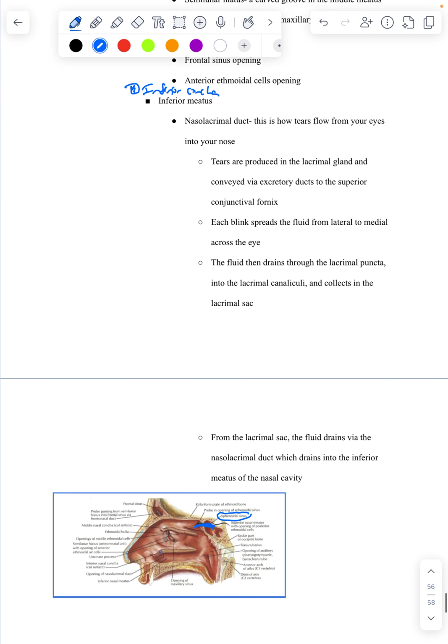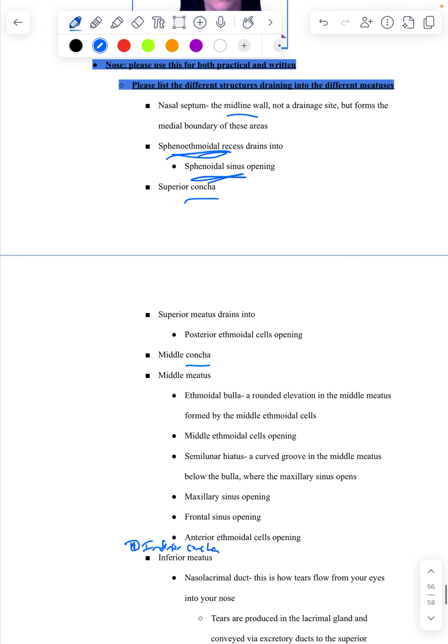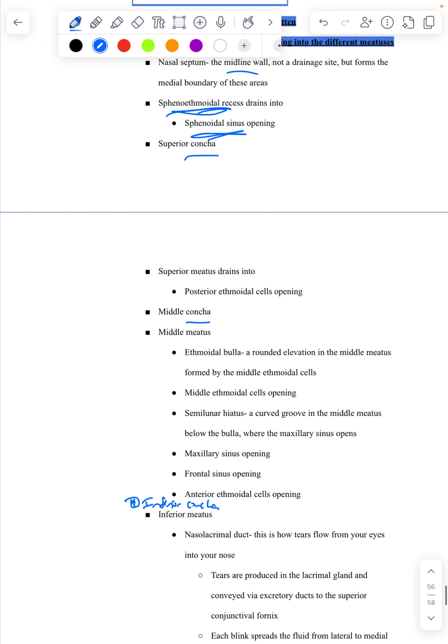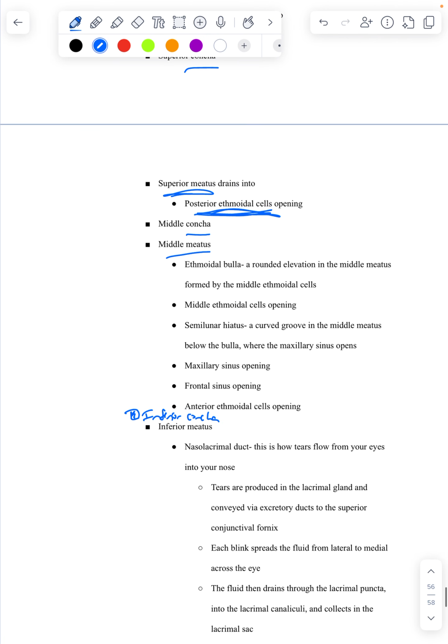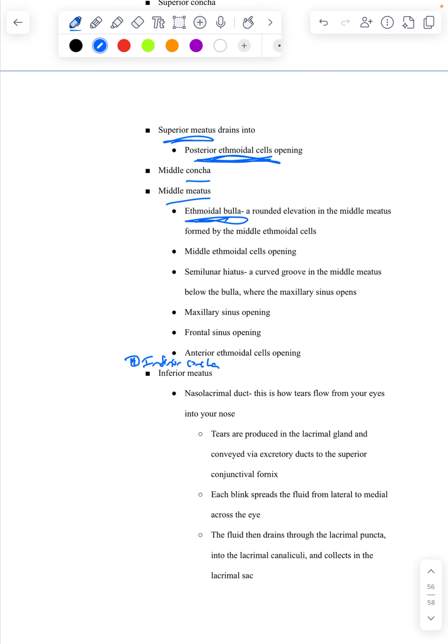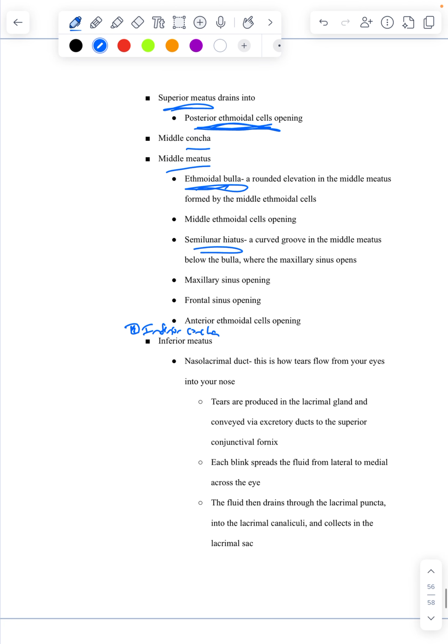So the superior concha, below it is a superior meatus, which drains your posterior ethmoidal cells. Middle meatus, over here you can have an ethmoid bulla and a semilunar hiatus. Ethmoid bulla gets your middle ethmoidal openings. Semilunar is going to get your anterior ethmoidal.